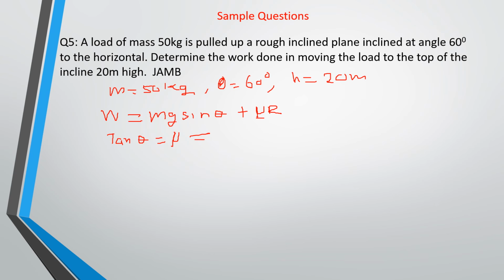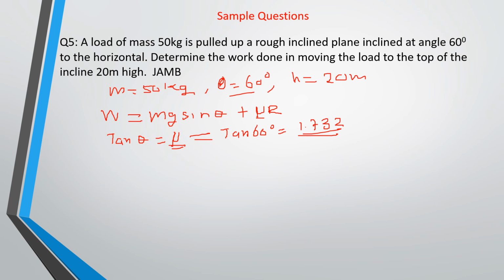So from this one now we can get tan 60 degrees. So check your tan 60 degrees, you're going to have 1.732. So this is equal to your coefficient of friction. Coefficient of friction is equal to tan theta. Theta has been given to you, so that gives you 1.732. Is that okay?